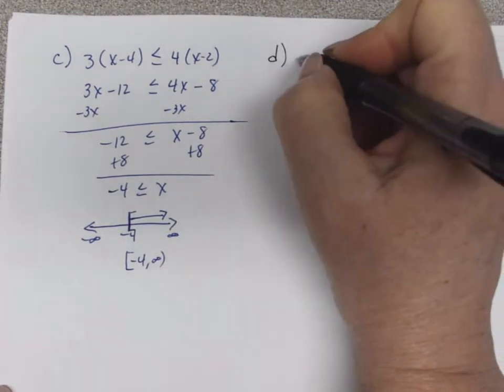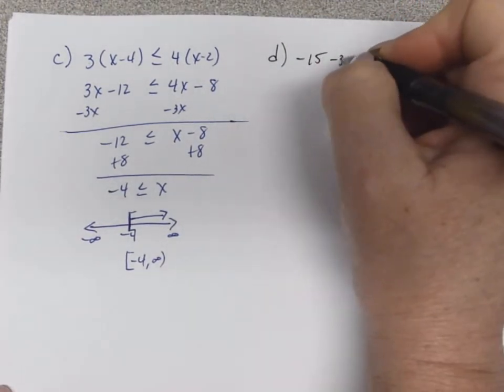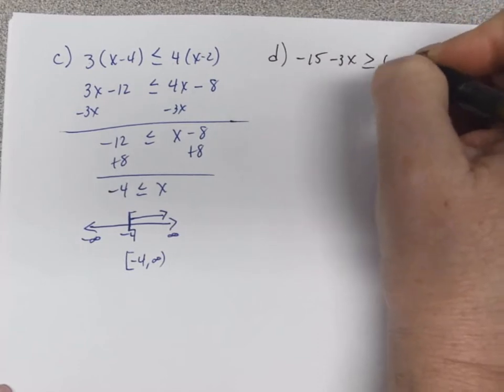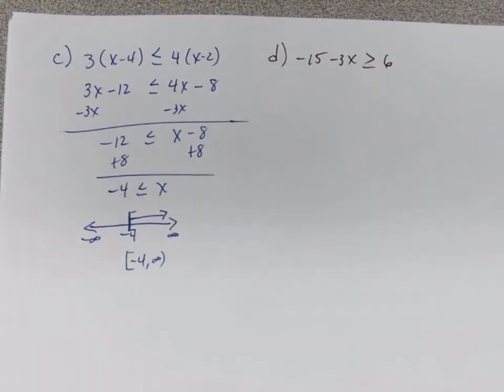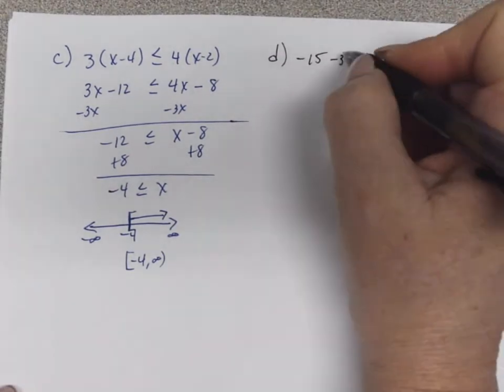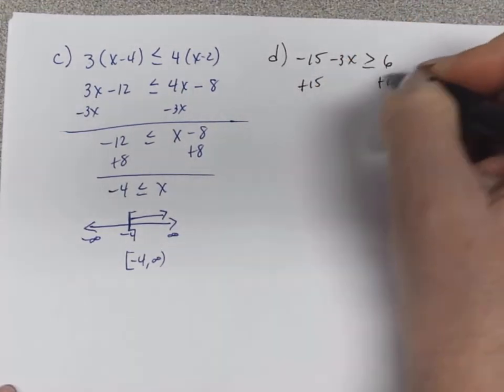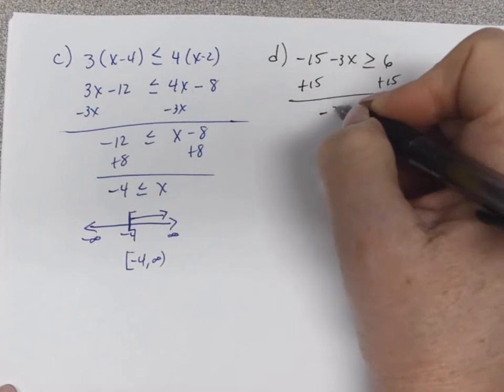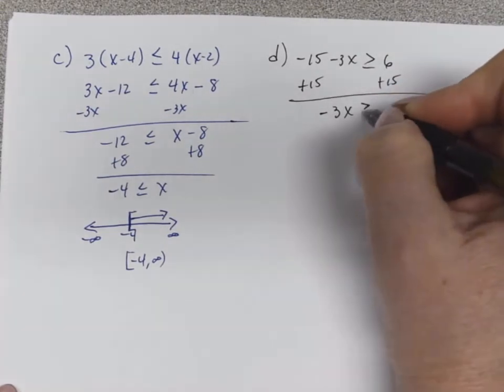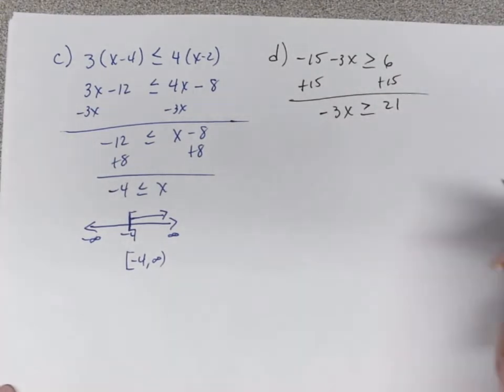So we have negative 15 minus 3x greater than or equal to 6. All right, so we only have x's on one side, so let's add our 15 over. We have negative 3x greater than or equal to 21.